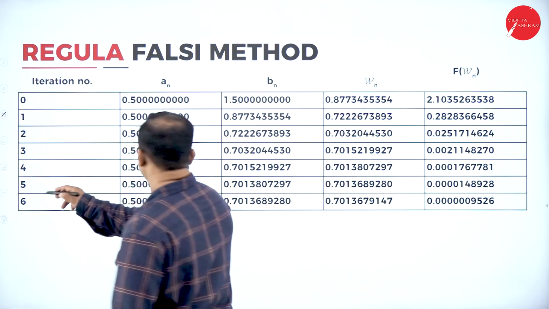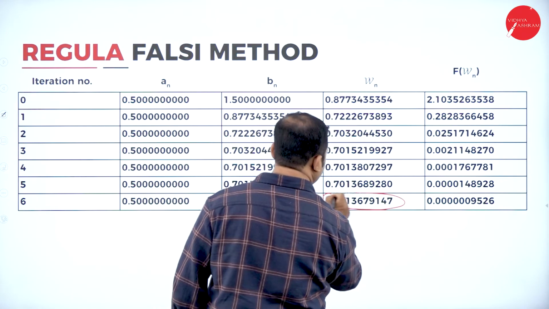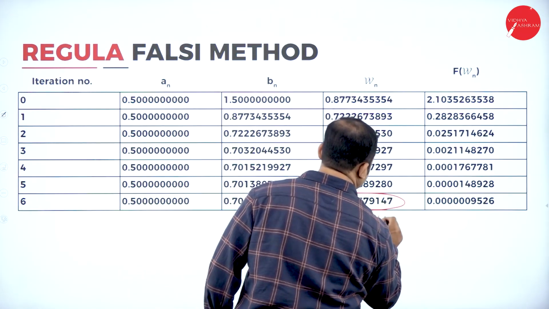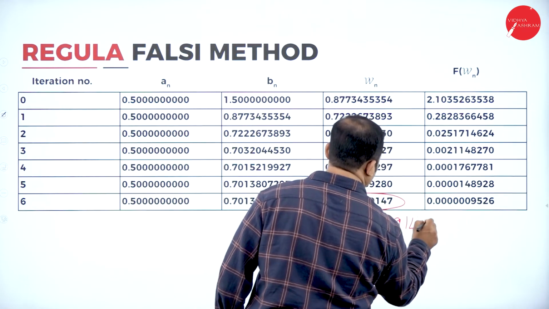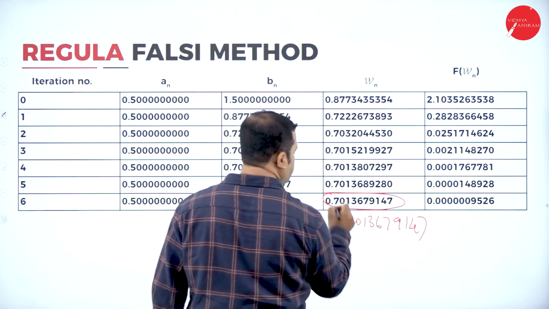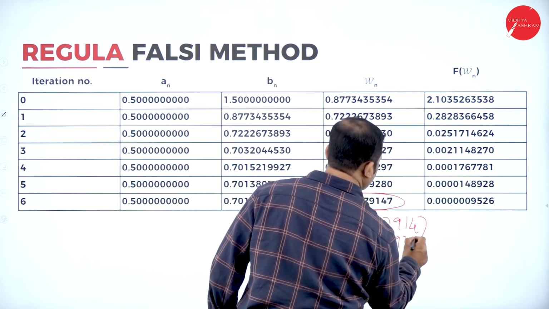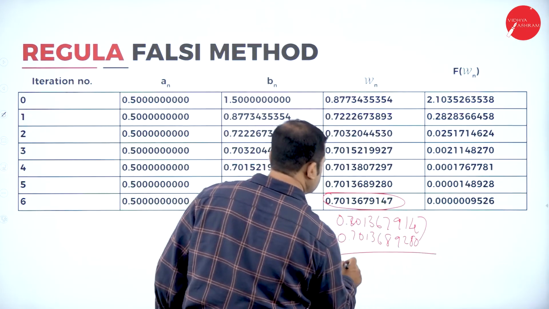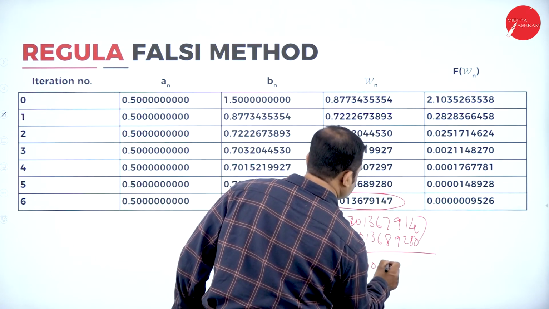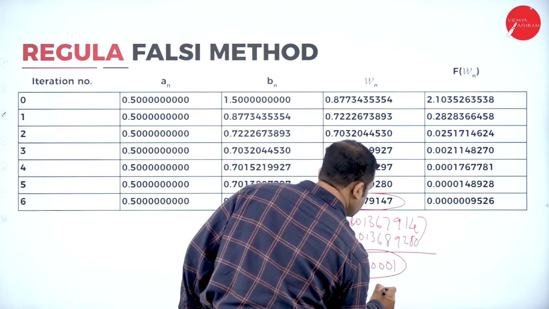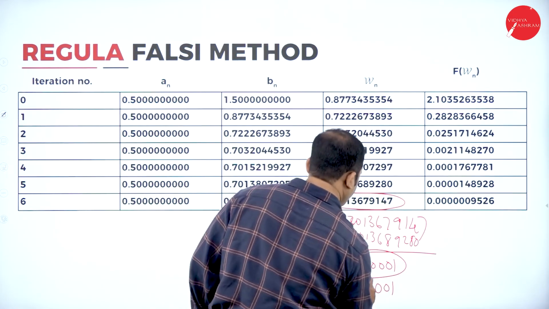After the 6th iteration, I have found the root of the equation, that is 0.7013679147. If I subtract this from 0.7013689280, what happens? It is about 0.000001, which is less than 0.001, that is epsilon.